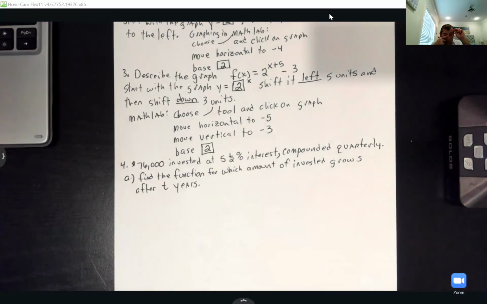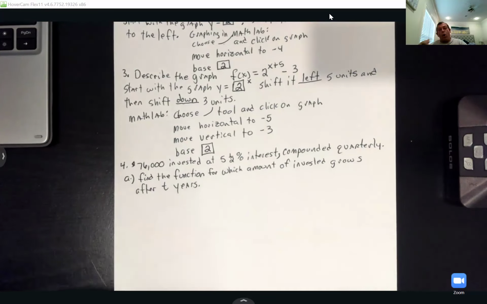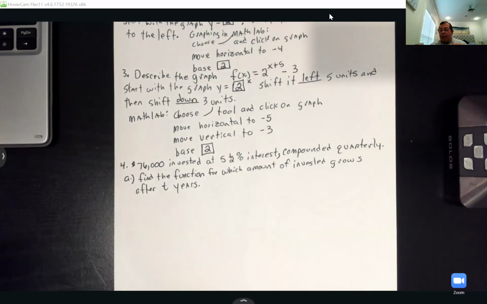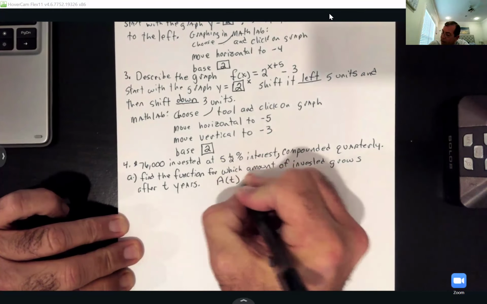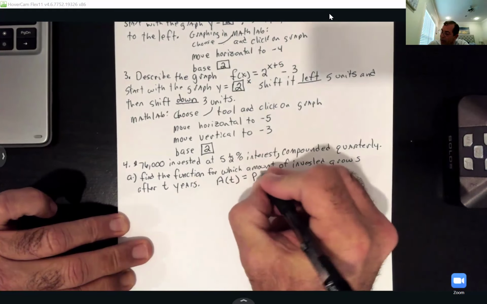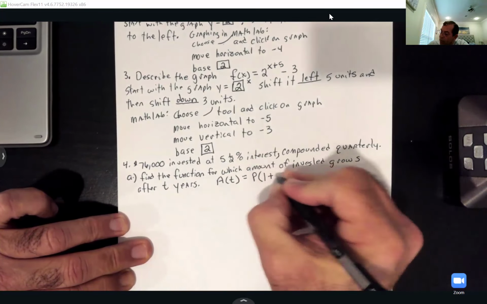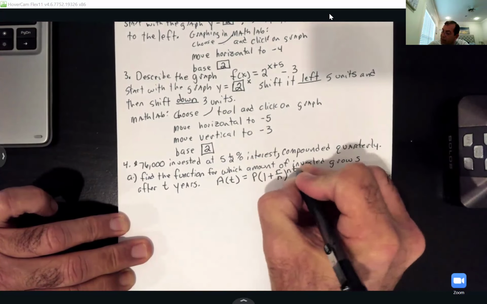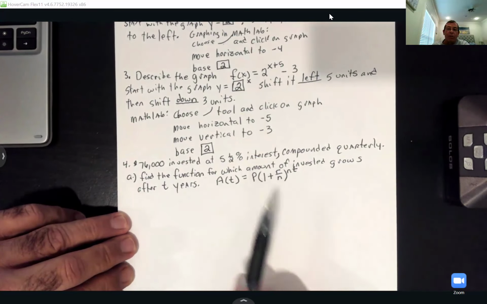So remember, they just want us to come up with the formula we would use. Part B, they're going to give me different times to use for the T, okay? So remember, the basic formula was A of T, the amount at any time T, equaled P, which was my starting amount, times 1 plus R over N raised to the N times T. So they want us to come up with our formula that we would use for this problem.